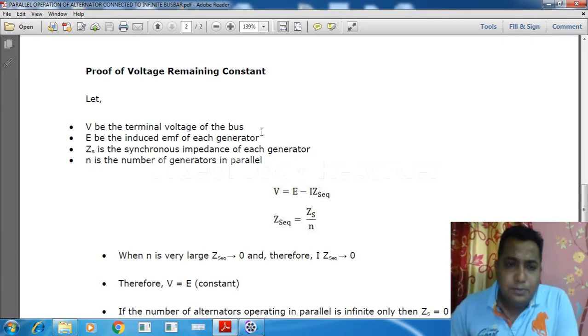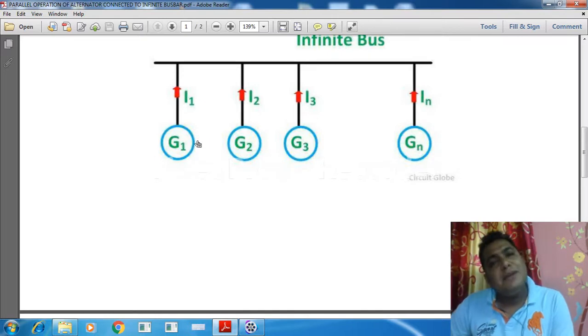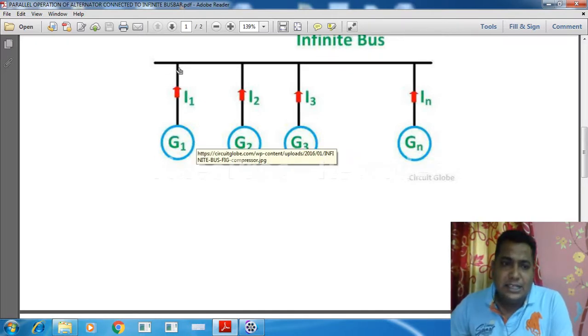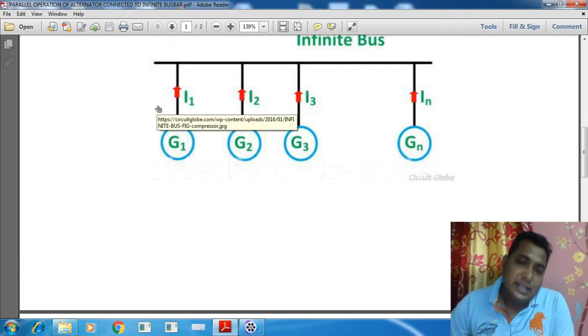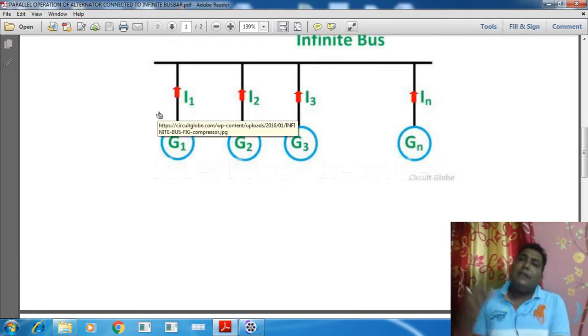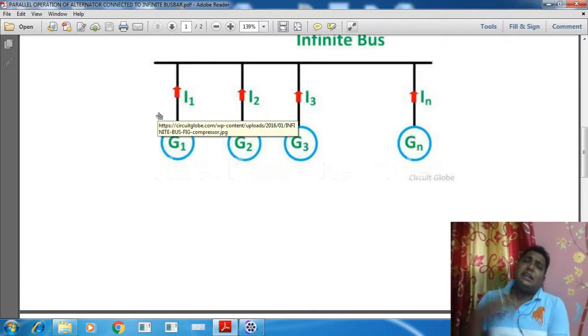So now, coming to the previous diagram, follow my pointer. When this G1 generator is generating E amount of EMF, and this is the bus bar where the voltage is V, and this generator has the impedance ZS, can we think that due to the presence of this synchronous impedance there will be some drop when it is connected to the bus bar?